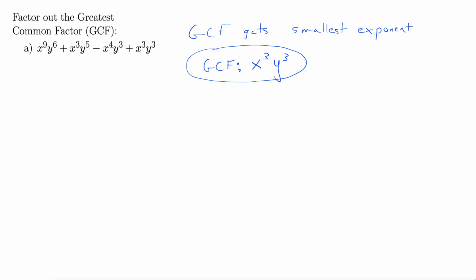Now let's factor out the GCF. When we factor it out, x to the 3rd, y to the 3rd comes out to the front. That's clear enough, but then what's left? Factoring out means dividing, because when we factor something out, we divide each term by whatever we're factoring out.